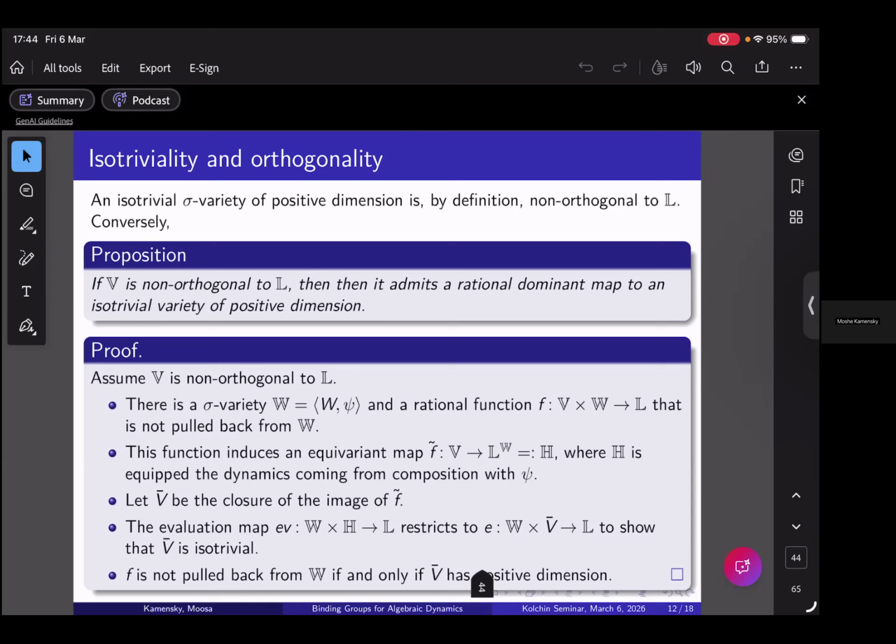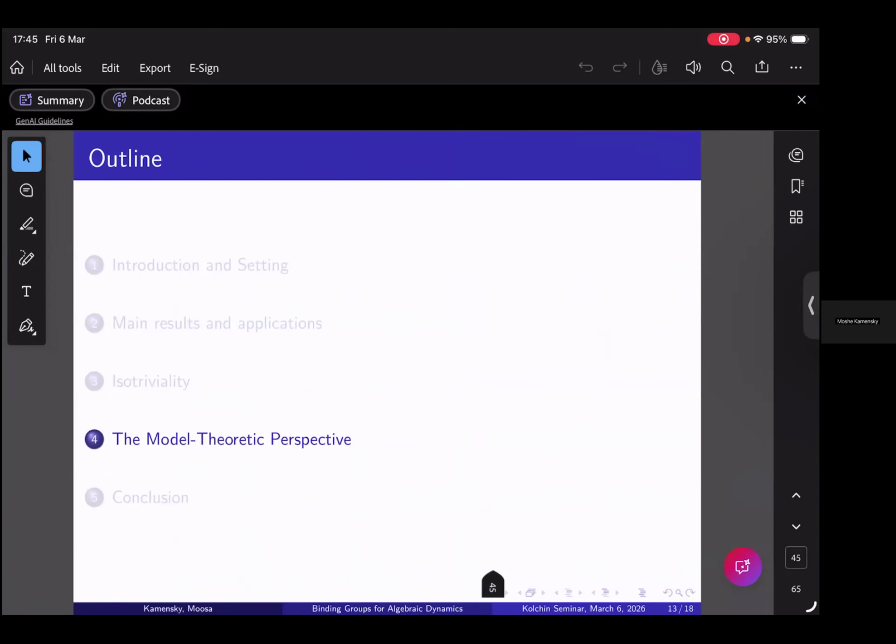But what happens if it is orthogonal? Here there's a lot of machinery that was developed model theoretically, and the case of being orthogonal to L is in some sense understood, or at least can be analyzed using some model theoretic methods.